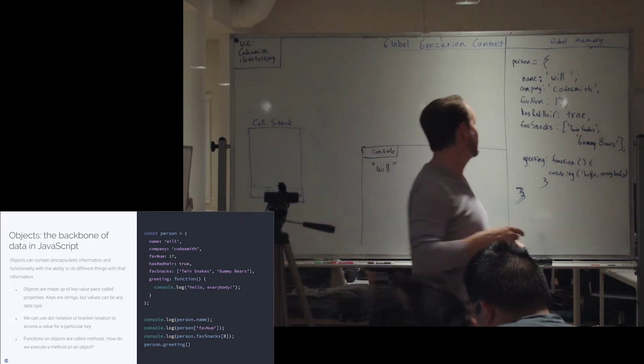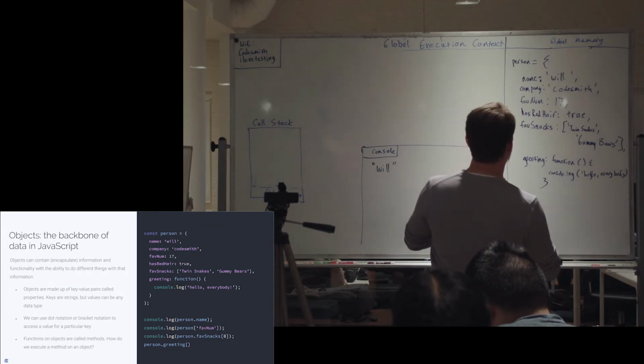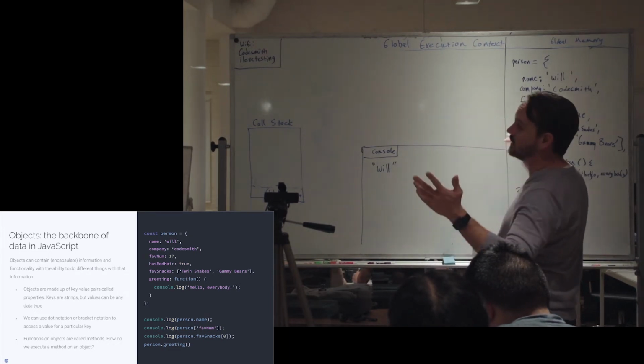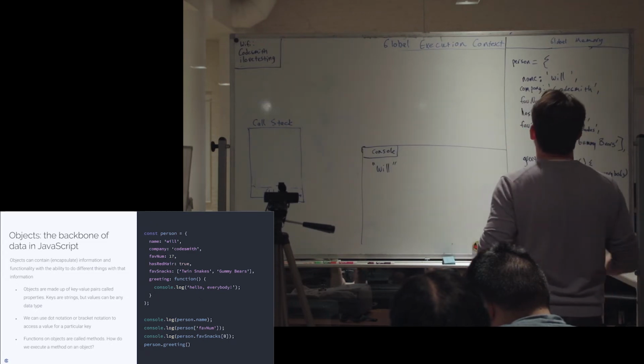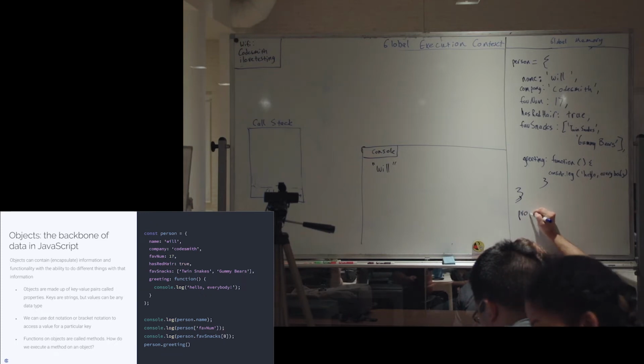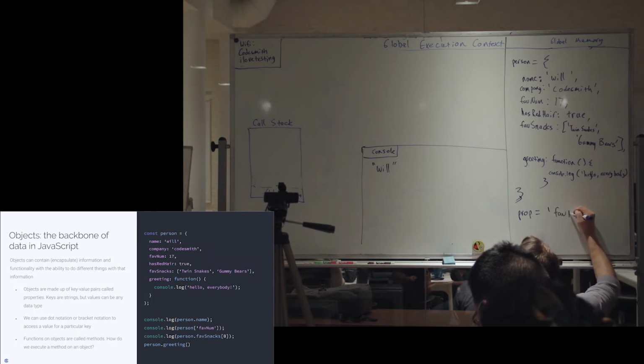Let's say I have this person here, and then I also declare a variable called const prop equals the string fave num.